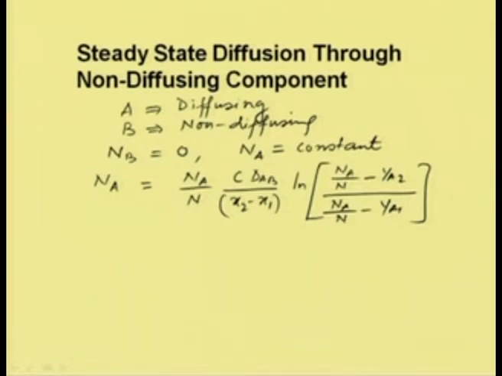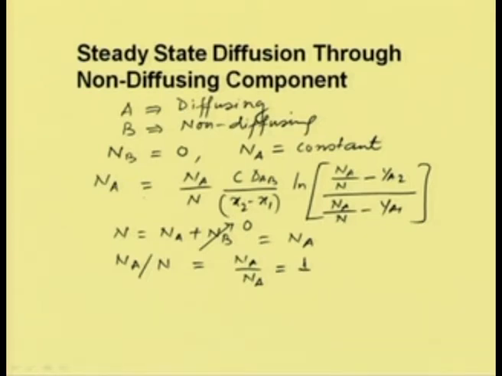Now, since N is equal to N_A plus N_B and N_B is equal to 0 in this case, N will be N_A. So, this term N_A/N will be equal to N_A/N_A, which is 1.